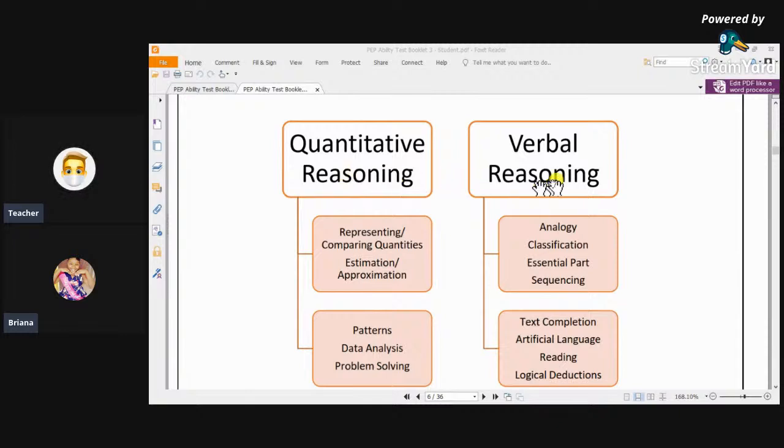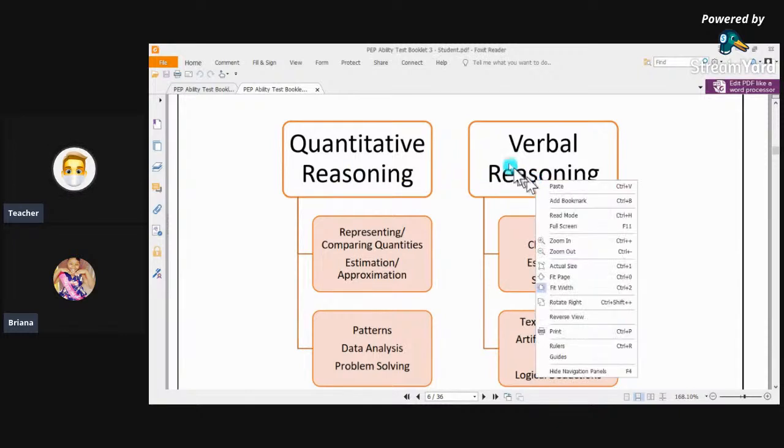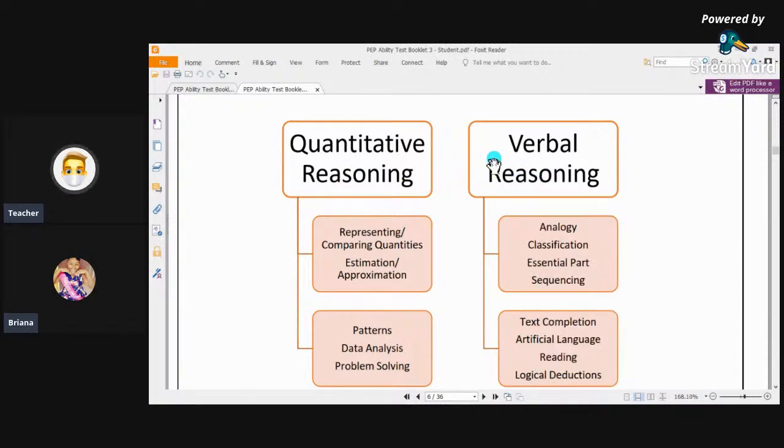Now, on the verbal reasoning side of the ability test, we are going to have analogy, classification, essential part, sequencing, and we did these in book 1 already. Okay, defined analogy, we looked at classification, the essential part, and sequencing.